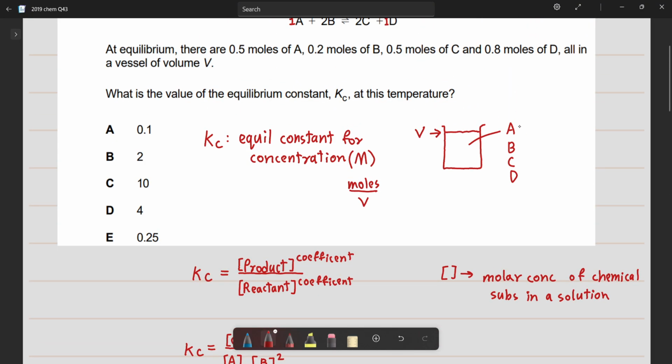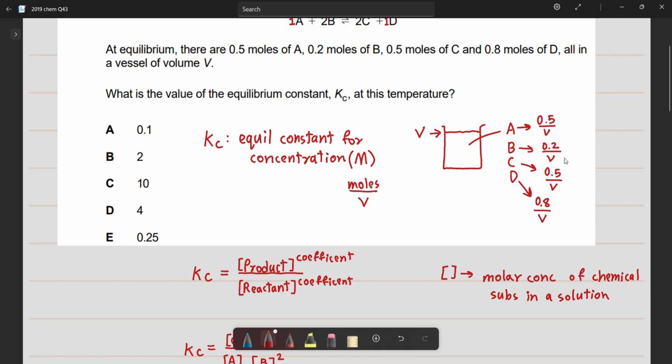For A, the concentration is 0.5 moles by V, for B it is 0.2 moles by V, for C it is 0.5 by V, and for D it is 0.8 by V.